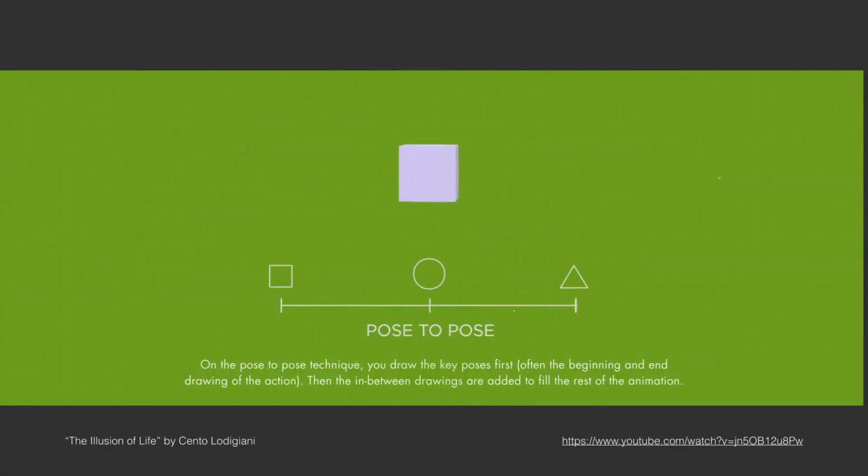So you plan that first, and then you figure out all of the drawings that you need to add in between. On the pose-to-pose technique, you draw the key poses first, so you get the most out of those key moments. And then you make sure that you have all the in-between drawings to make it happen.